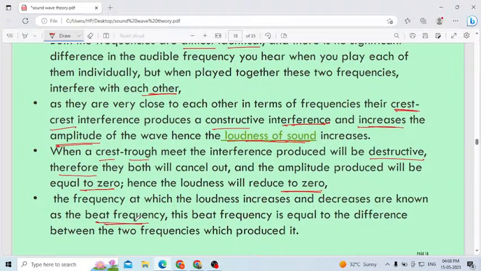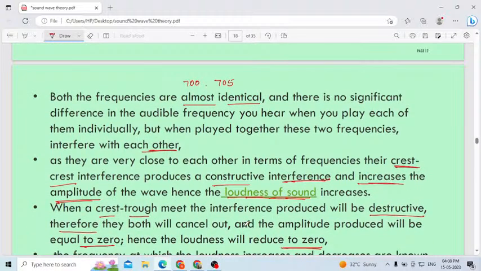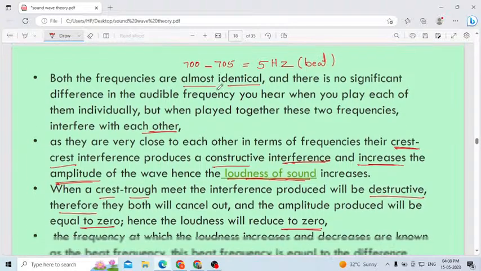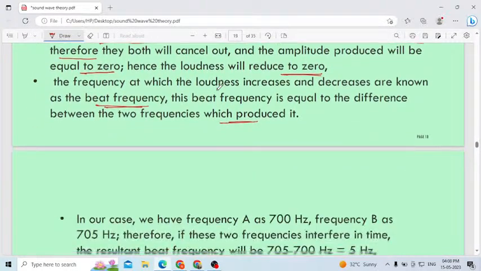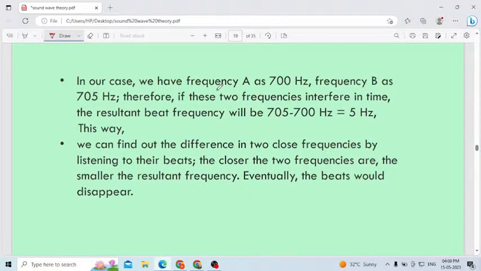This beat frequency is equal to the difference between the two waves' frequencies. As I already told, beat frequency is nothing but the difference between the two overlapping frequencies. The difference between the two frequencies is the frequency of the final beat. Here, see, 5 hertz.